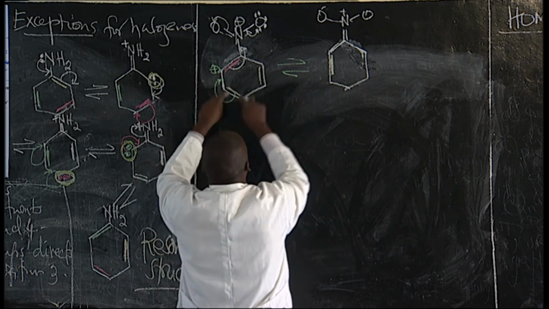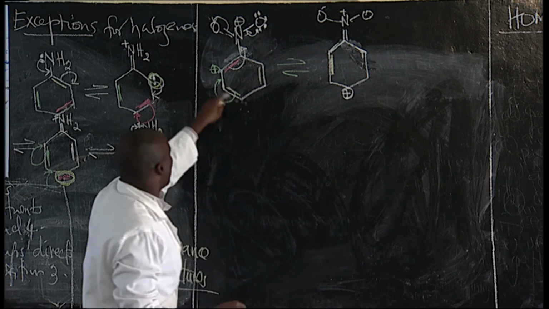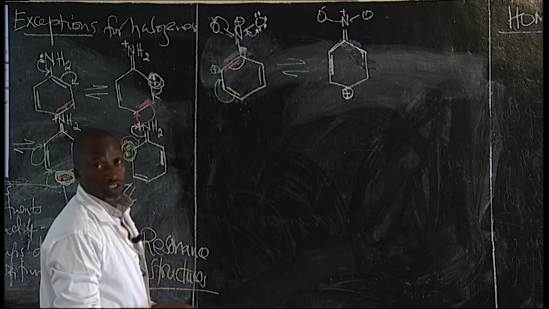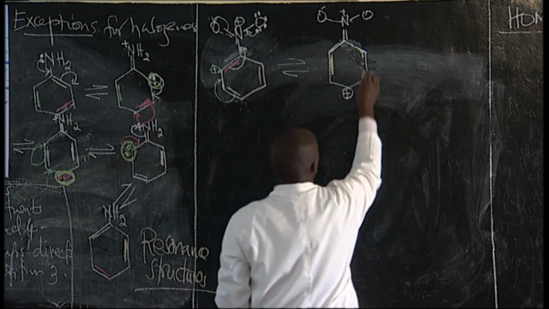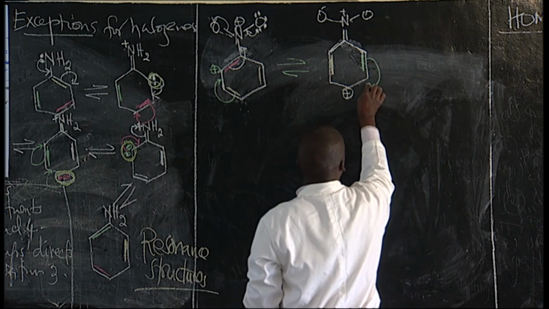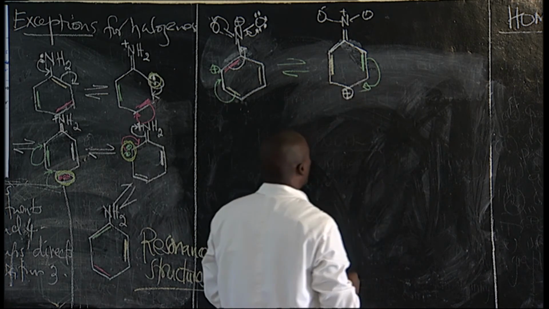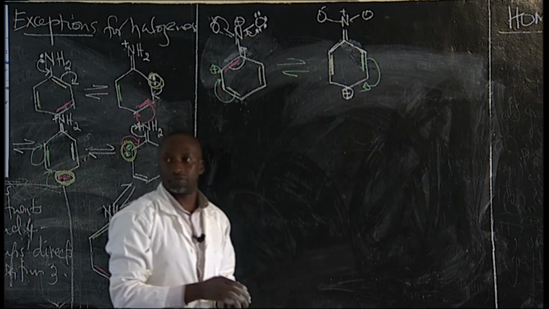When it shifts to this position, this one becomes positive. Do you see what happens here? This one becomes positive, and therefore this one will have to move to neutralize the positive. So this bond has to shift again.